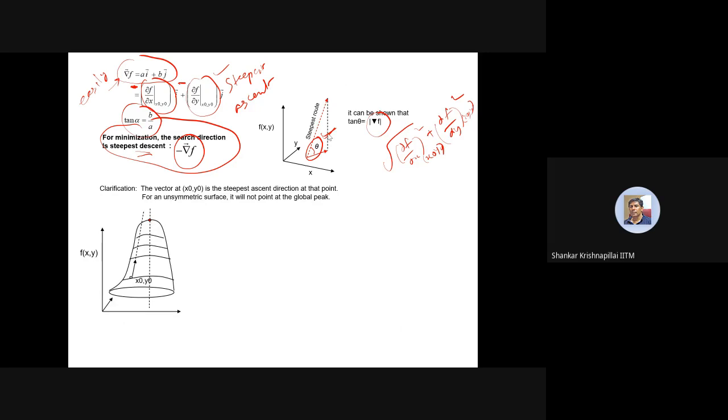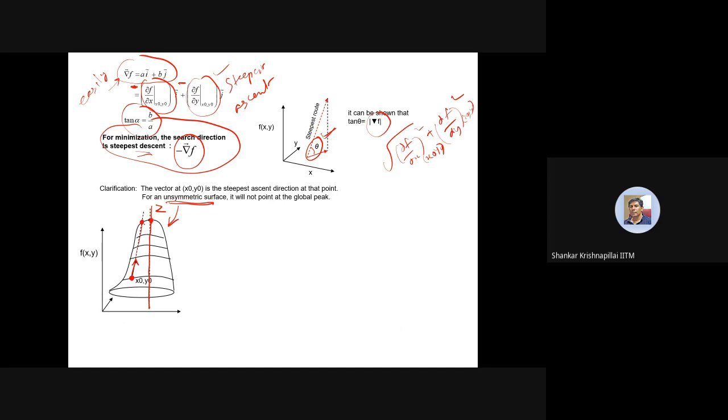Then another highly important thing at which we'll stop this lecture is that if you have an unsymmetric objective function like this, so this is unsymmetric about this z axis. Suppose we are starting at x naught, y naught and we find the steepest ascent direction. You can find that the steepest ascent direction will take you here, but the peak is here.